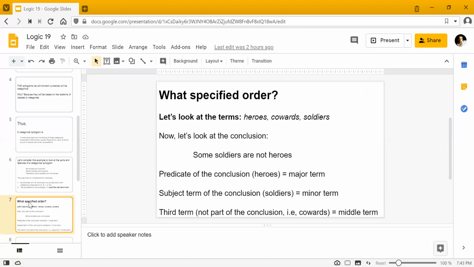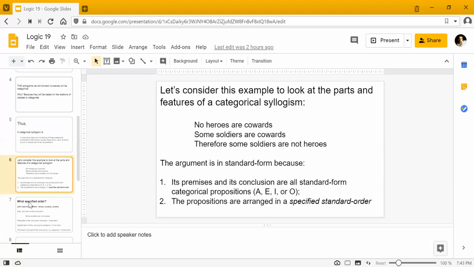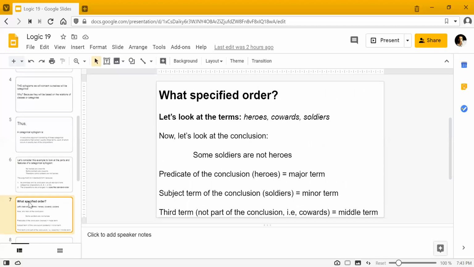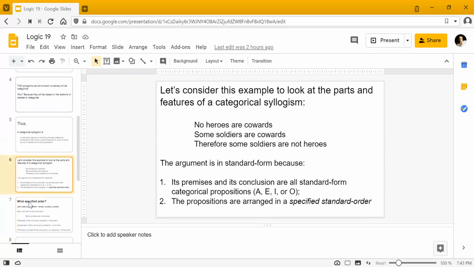The way to do that is to first look at the terms. We have three terms here, obviously three because this is a syllogism. Those three terms are heroes, cowards, and soldiers. First, let's define which of these three propositions is the conclusion.